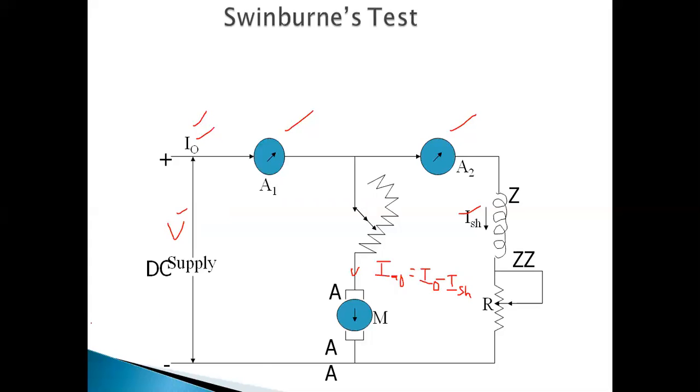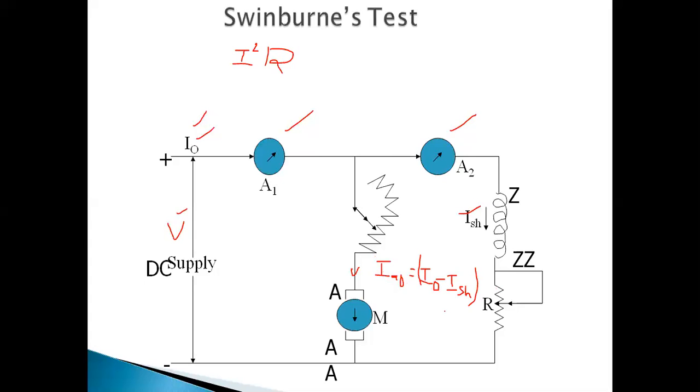The value of armature copper losses is generally I square R. For armature copper loss, it is IA, that is I naught minus ISH, whole square into RA.